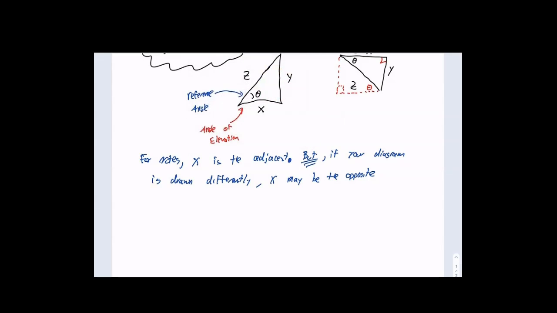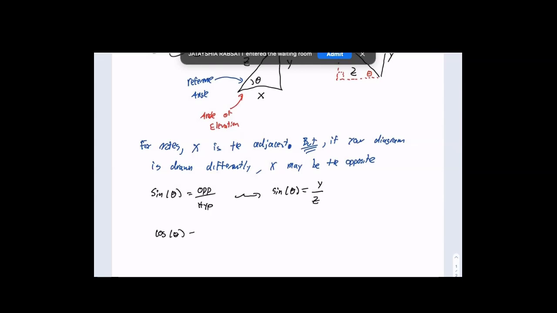The reason why we have that is because the sine of the angle, of course, is opposite over hypotenuse, which means in this case that the sine of theta would be y over z. Cosine of theta is equal to the adjacent over the hypotenuse, which means that cosine of theta is x over z.